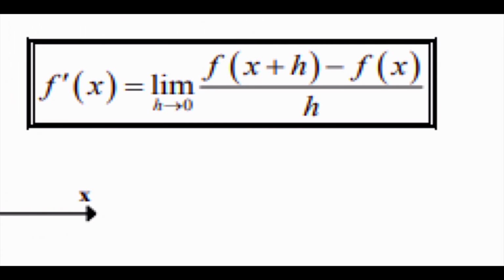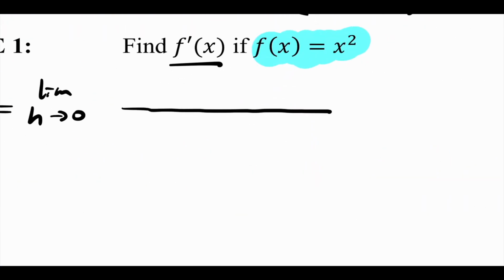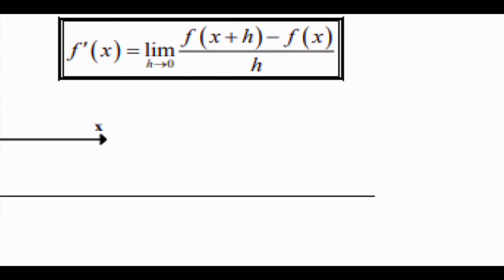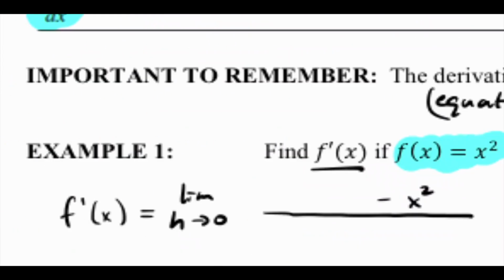This part right here, f of x, we know f of x. What is f of x for this guy? It's x squared, right? So we know that part. So let's start with that part. All right, so let's put that there. H is by itself at the bottom. Okay, so let's put it.